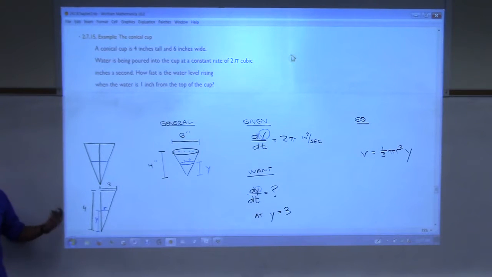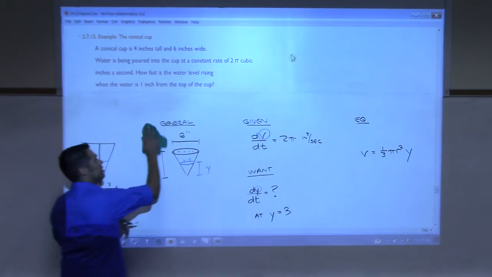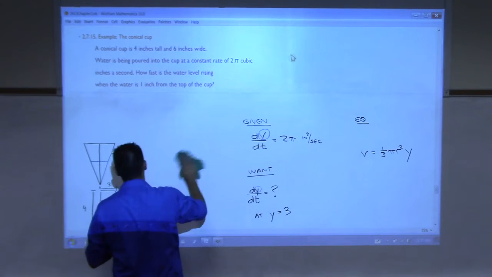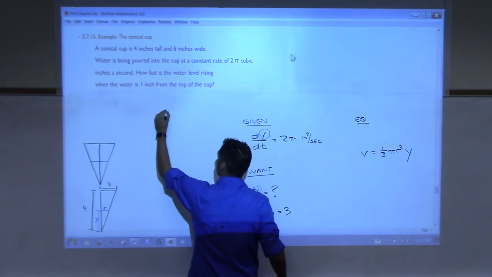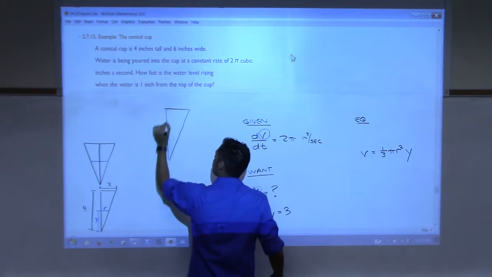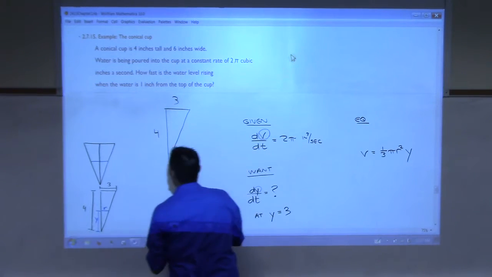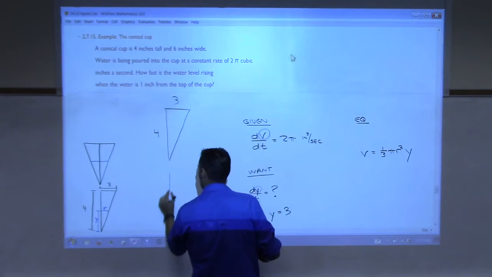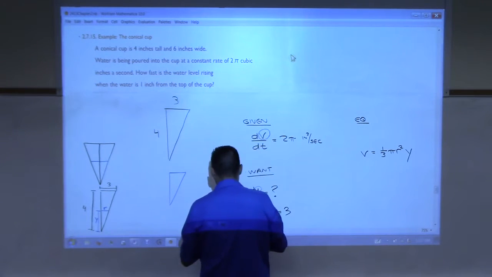But more importantly, I have similar triangles. Don't I? That's the key. So I'm going to draw this a little bigger. I have a big triangle that looks like this, 4 and 3. I have a smaller triangle that's inside of it, but I'm going to separate the two.